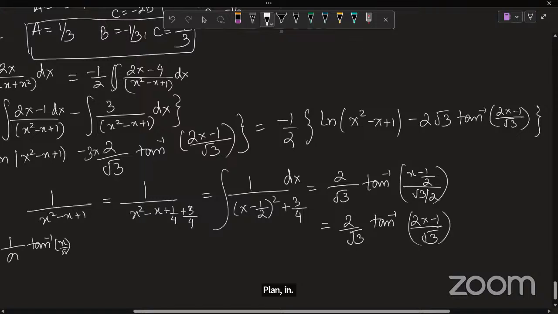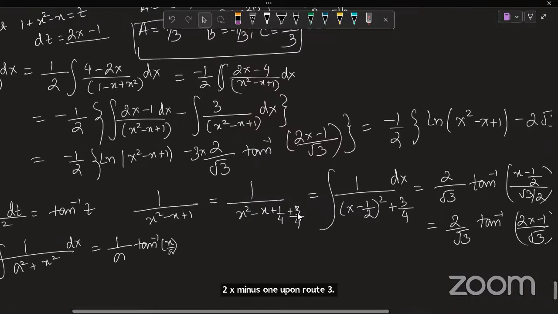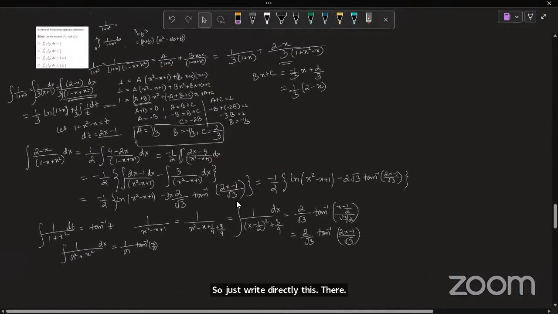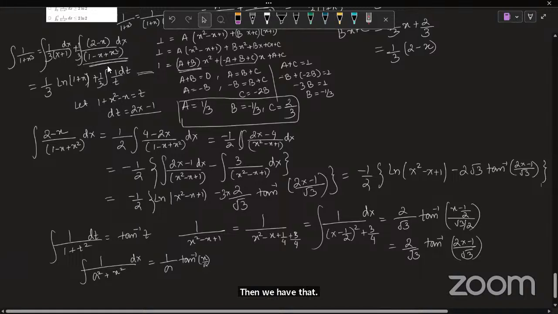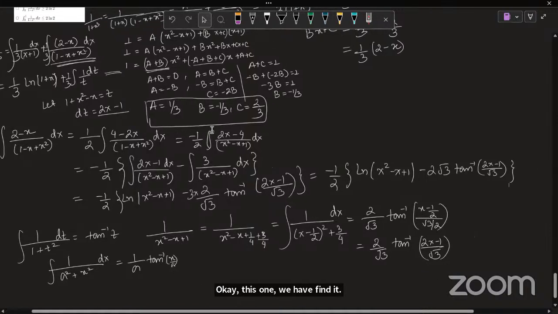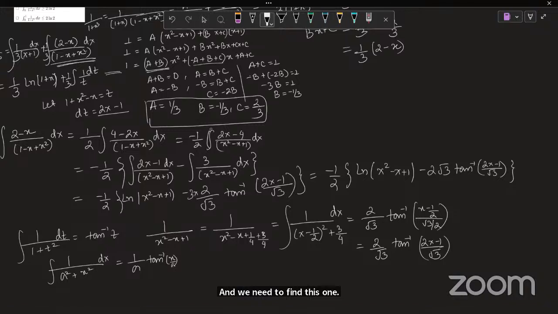So just directly write this there, where we have the t. Okay, this one we have found, and we need to find this one. So the final value will be, what will be the integration of this?